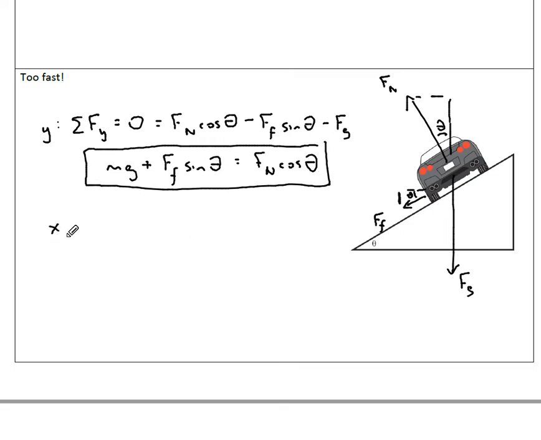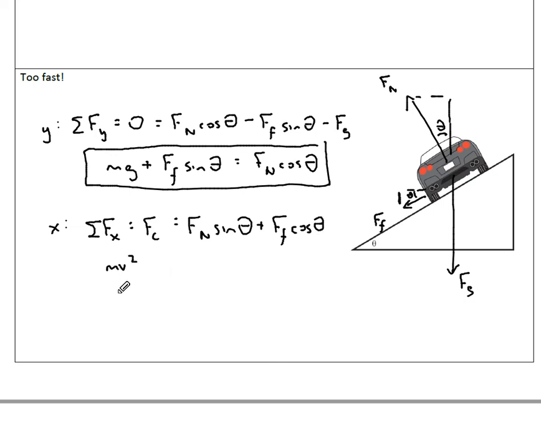And in the x direction, same idea. Sum of the forces in the x direction is equal to centripetal force. We have Fn sine theta, but notice the friction is also in that direction, so force of friction cos theta.